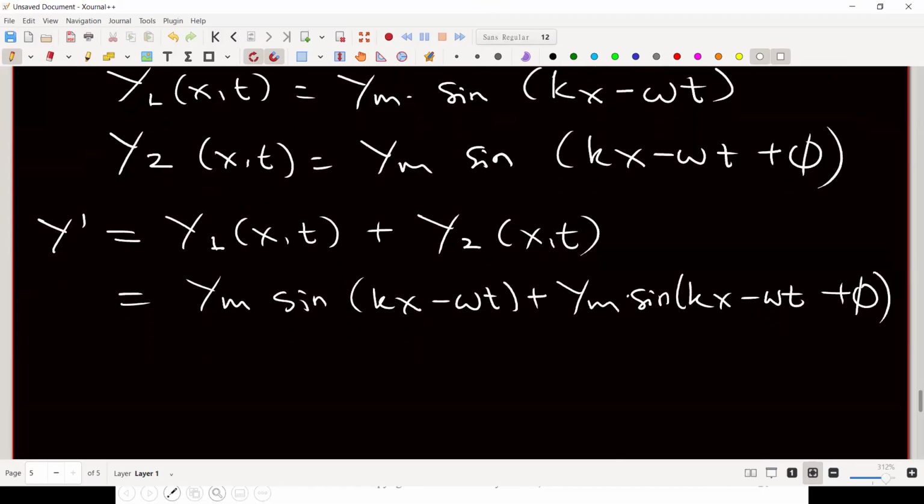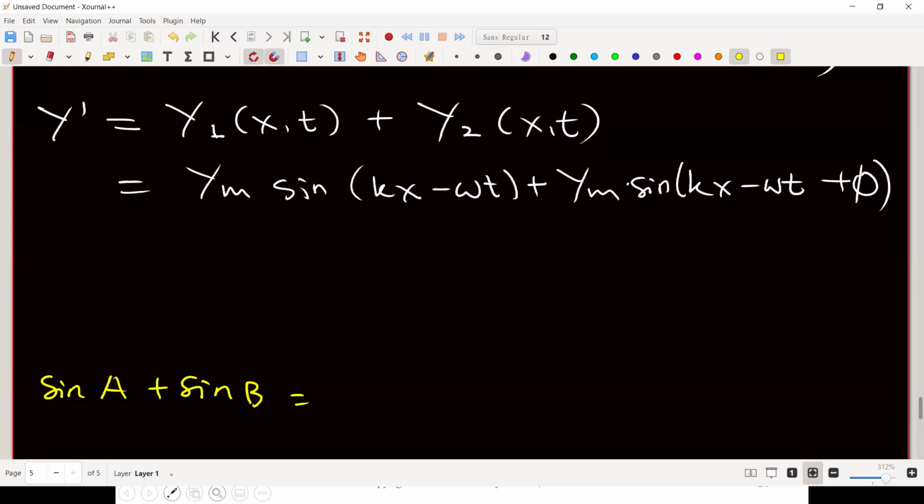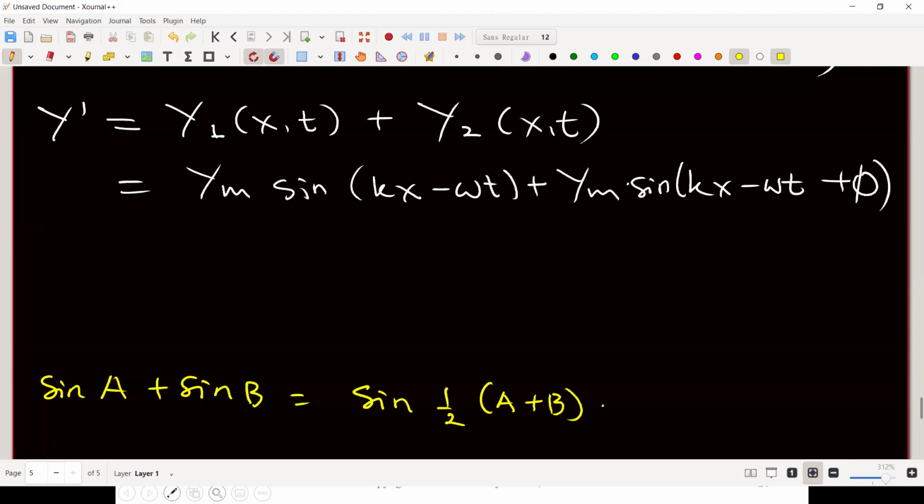So we remember the trigonometric function. If we have sin A plus sin B, this one becomes 2 sin half (A plus B) times cos half (A minus B), right? So this one is the trigonometric formula.